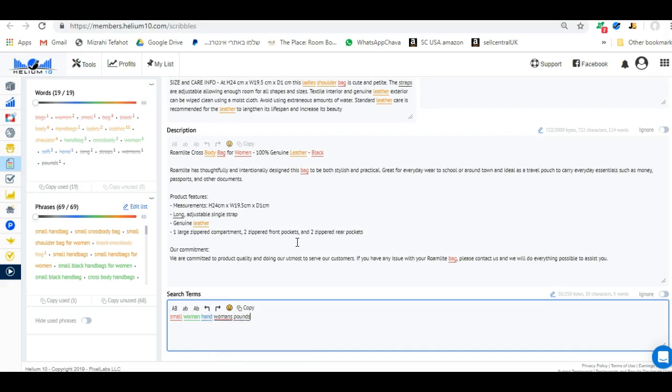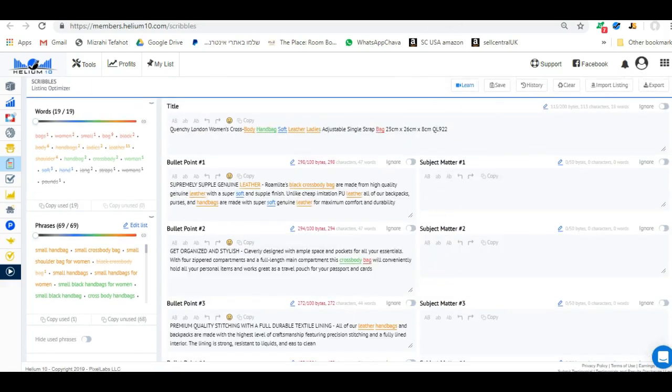And I go on like that, and in this case I might even go back to the keyword research stage and make a longer list of keywords that I'm going to filter through, so that I can have more search terms. You have 249 characters in the search terms field.